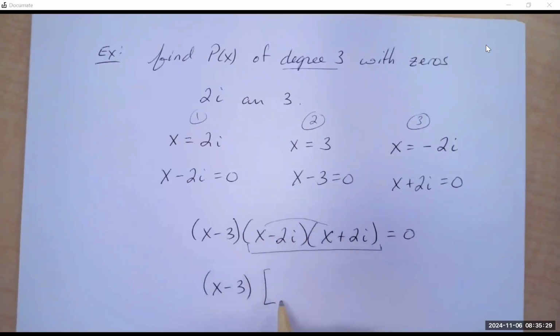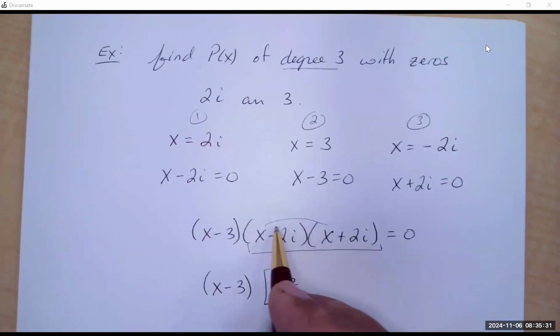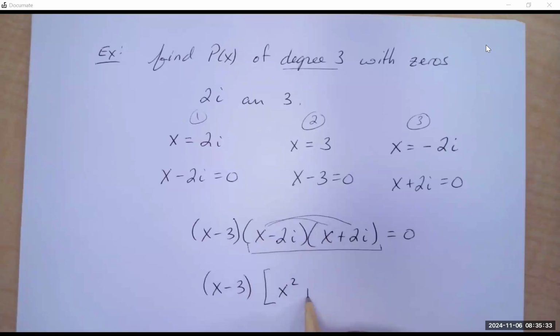So we have x times x is x squared, plus 2xi, minus 2xi, minus 4i squared.